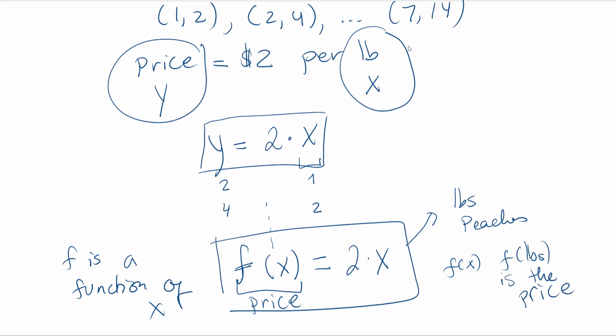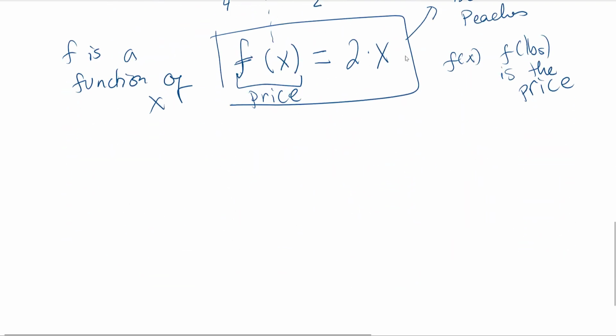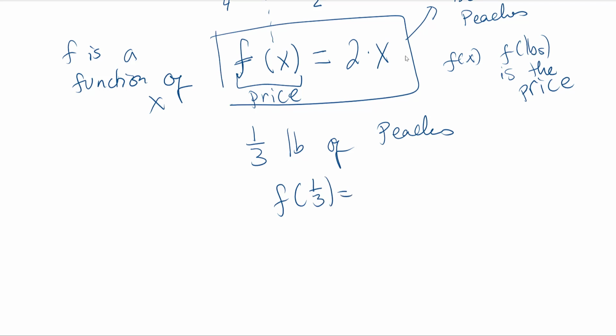Now, the nice thing, again, about this way of presenting a function is that now we can also buy fractions of pounds. So if we had a table or just ordered pairs, we're kind of limited by which pairs we choose. But if we want to buy a third of a pound of peaches, then now we can write f of a third equals 2 times a third, which is just 2/3.